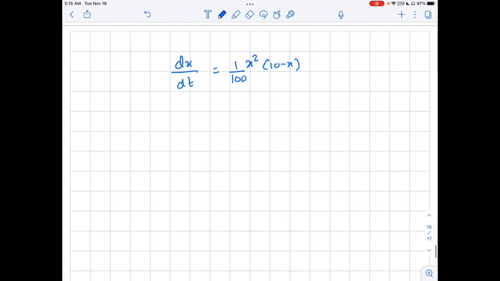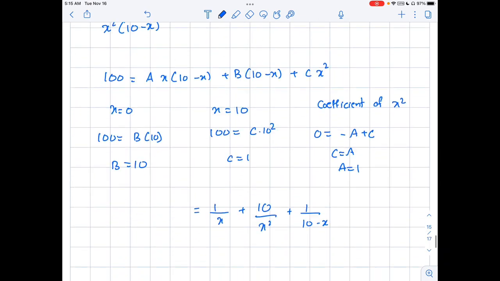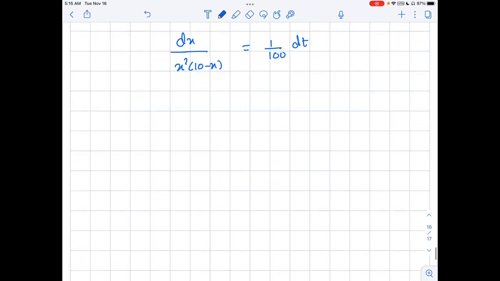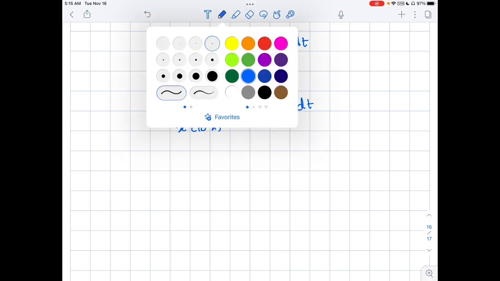So dx upon x squared times (10 minus x) is equal to 1 upon 100 dt. Now we can bring this 100 to the other side, so it becomes 100 upon x squared times (10 minus x) dx is equal to dt. Apply integral on both sides.